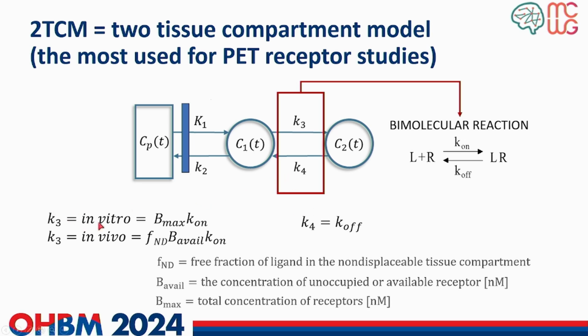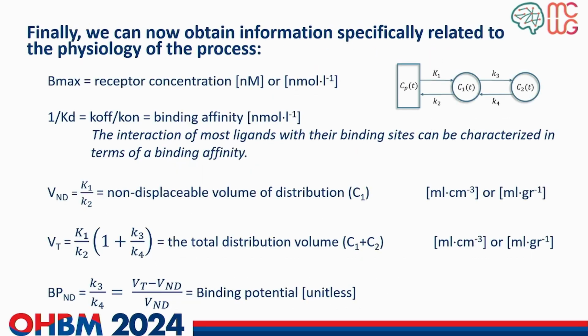In vitro it is exactly the concentration of receptors. In vivo there is a slightly different interpretation, but the values are really close: the concentration is of unoccupied or available receptors, but the meaning is more or less the same. K4 is directly the K off.